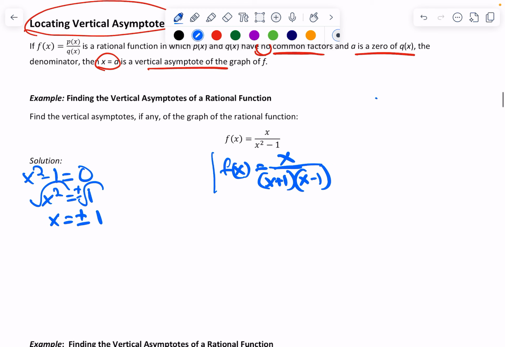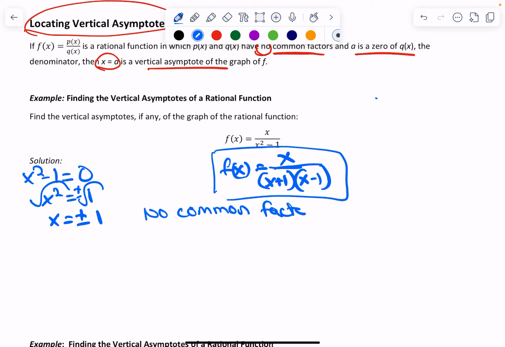So when we look at this form right here, we can see that there are no common factors in the numerator and the denominator.